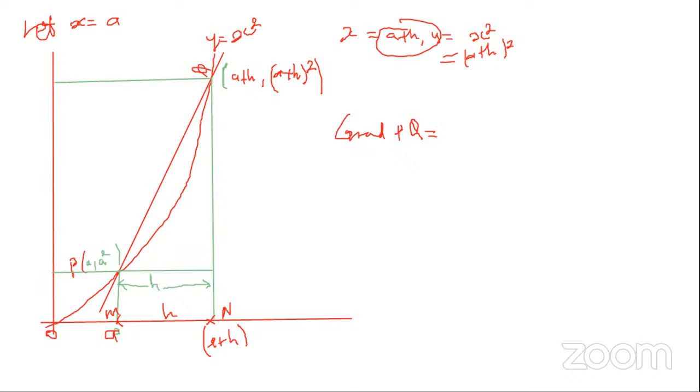So let me give it a try. Okay. I think it is a plus h squared minus a squared over a plus h minus a.